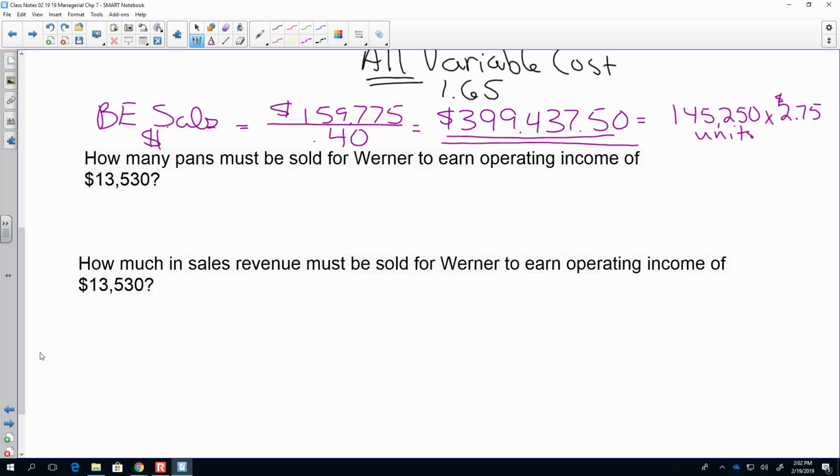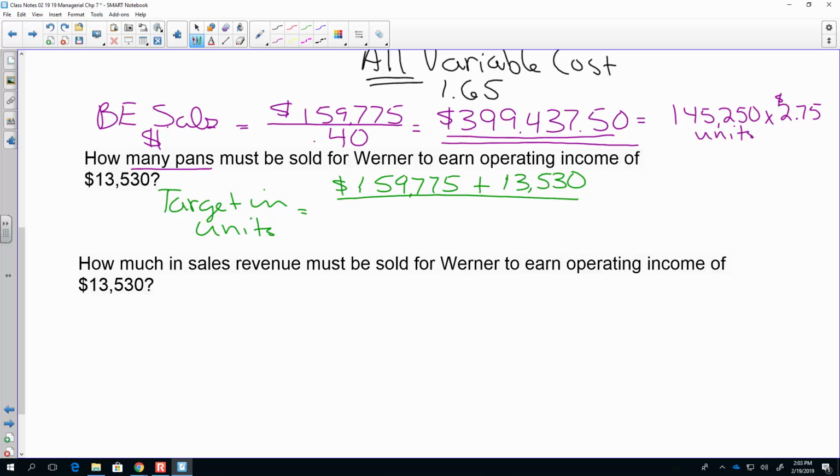Obviously, with target revenue, right, is our next computation. We simply add to our fixed cost. And again, we're looking for PANs. Target in units is equal to our fixed cost. In this case, the full fixed cost plus our target is 13,530.